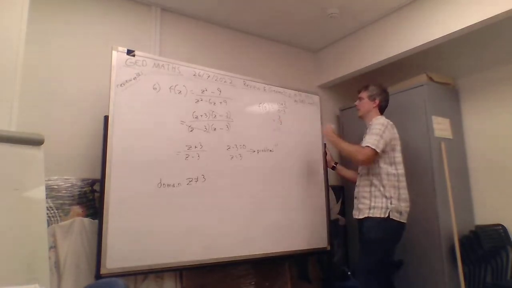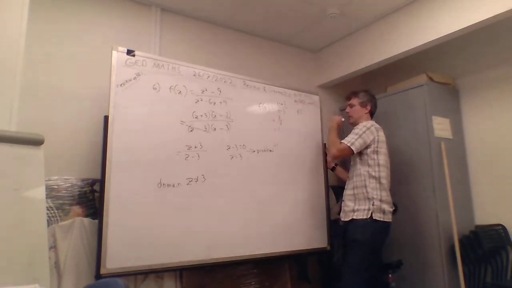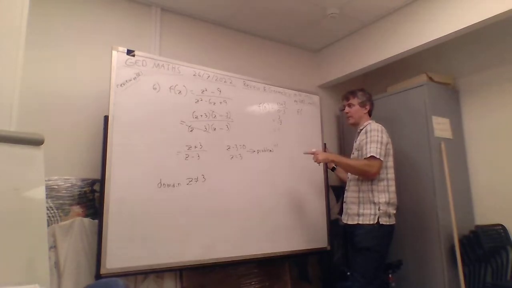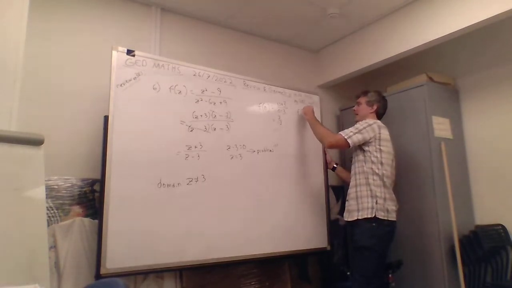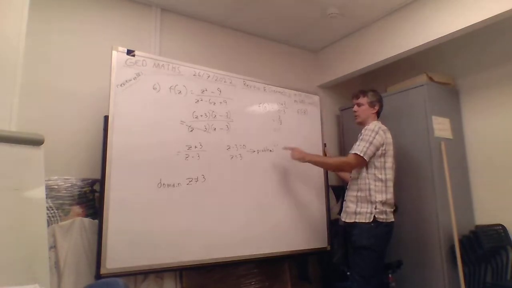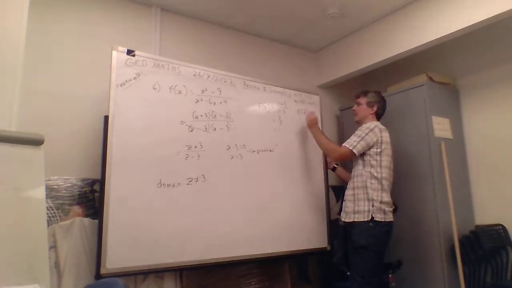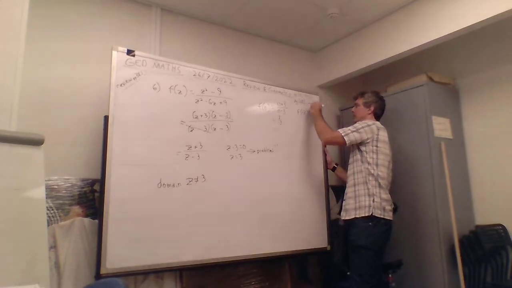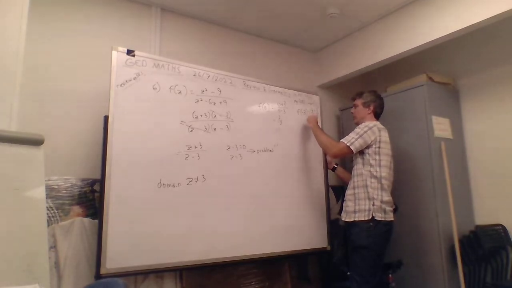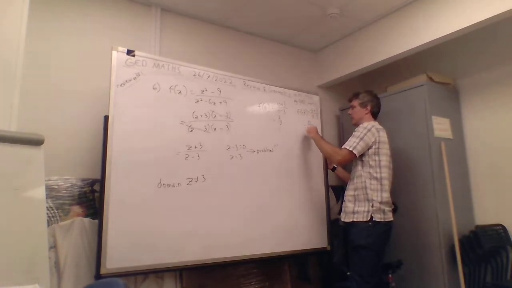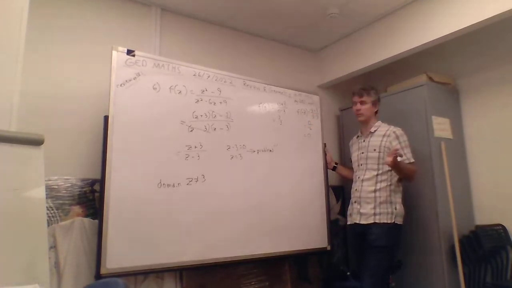How about z of minus 3? We're allowed to do that, right? That equals minus 3 plus 3 over minus 3 minus 3, which equals 0 over minus 6 equals 0. That's okay. We can have a 0.